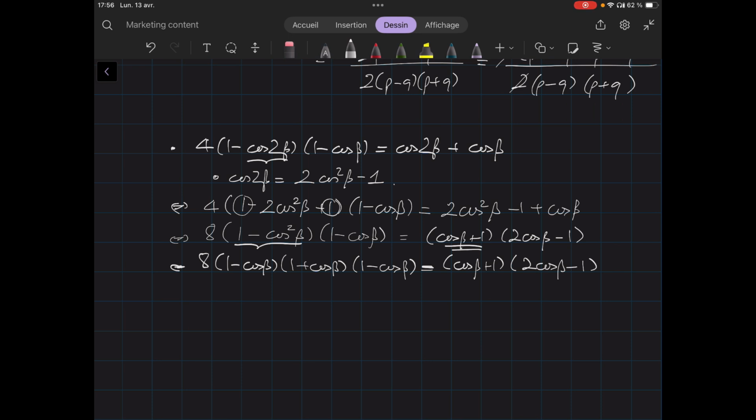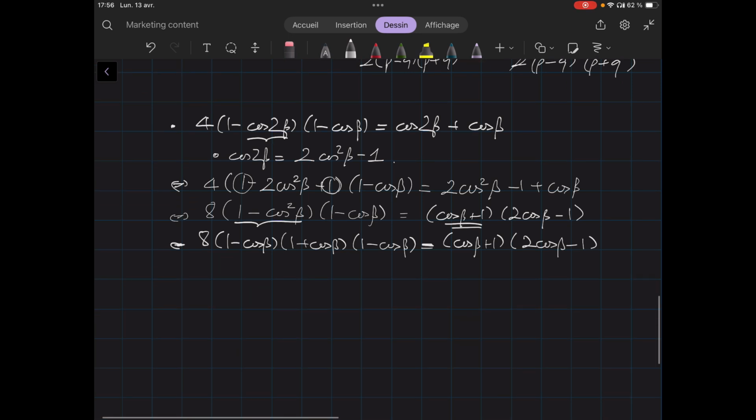So we can bring the right-hand side to the left-hand side, then factorize. Do not ever cancel out the 1 plus cos beta. I will find you and I will whip you, literally.